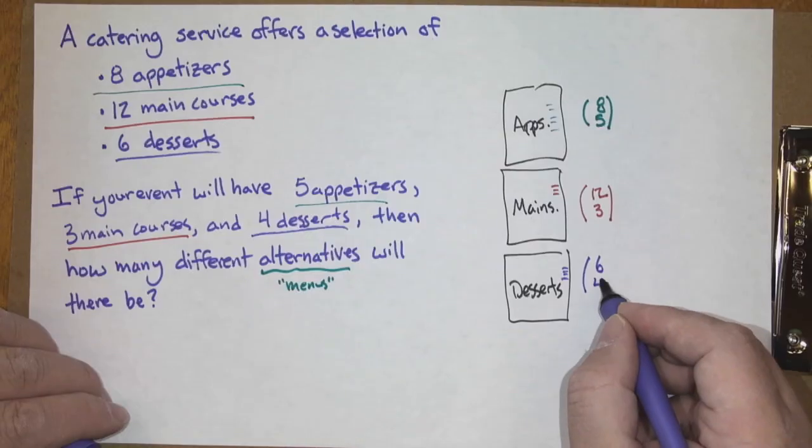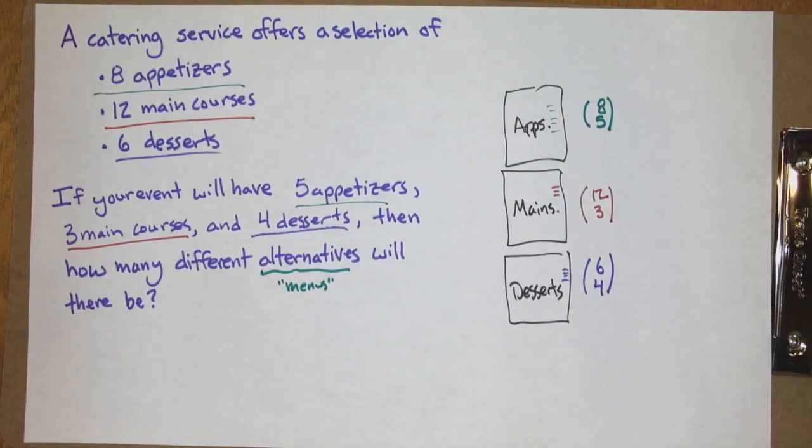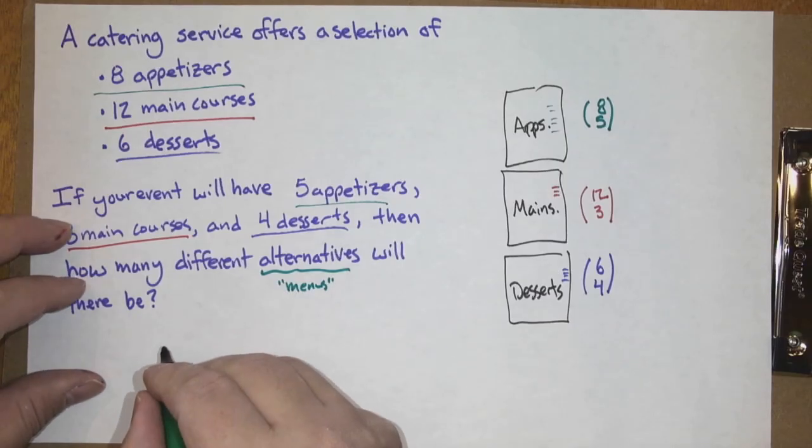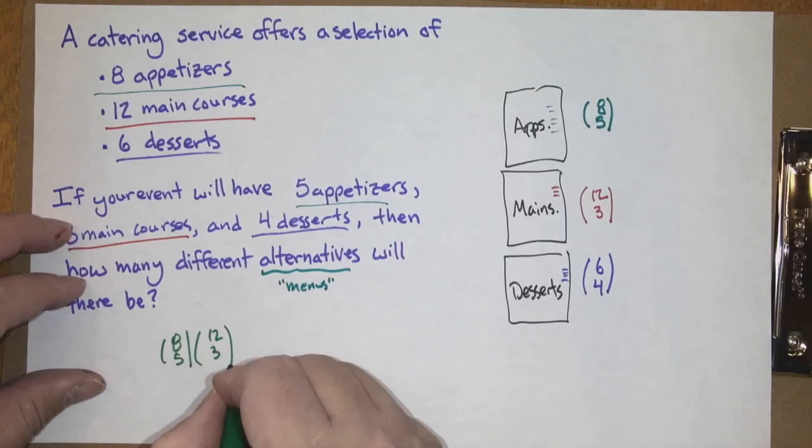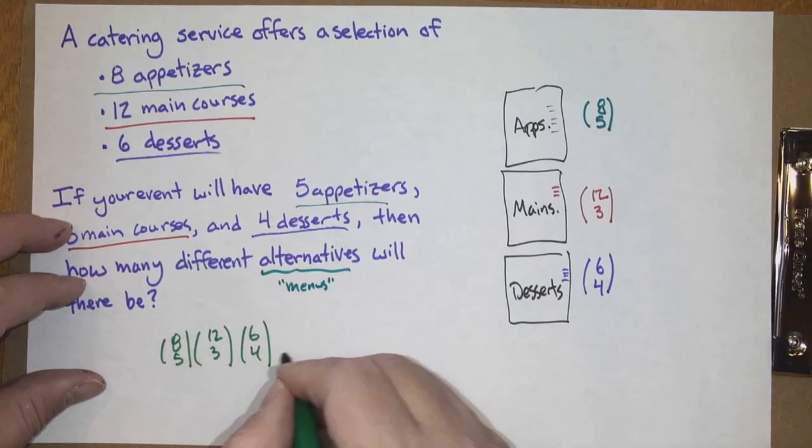We're going to choose 4 of them. What do we do with these numbers? We multiply. So we're going to take 8 choose 5, 12 choose 3, 6 choose 4.